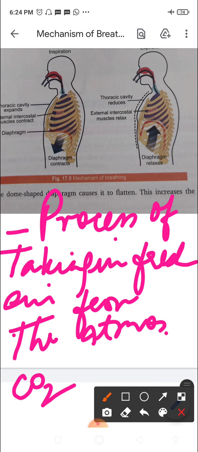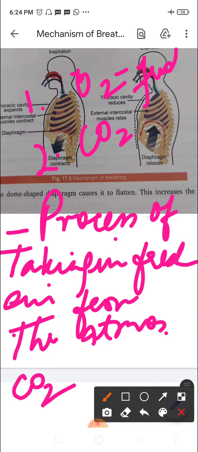So breathing includes both taking in air rich in oxygen and expelling air rich in carbon dioxide. Air rich in oxygen is known as fresh air, and air rich in carbon dioxide is known as foul air.